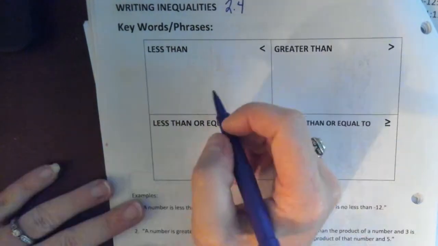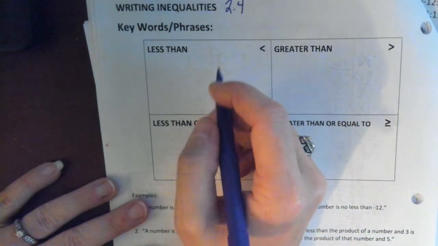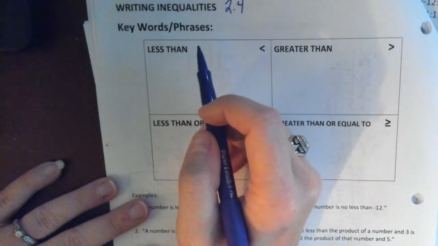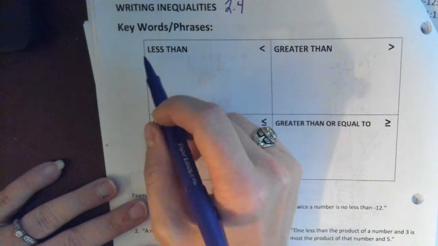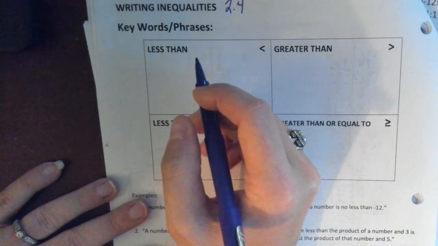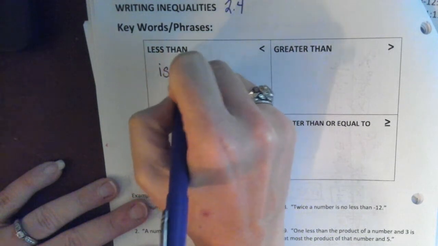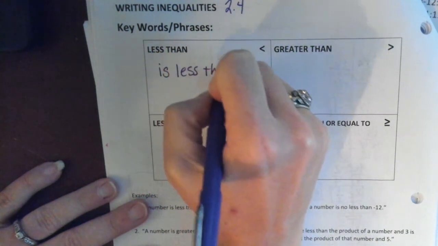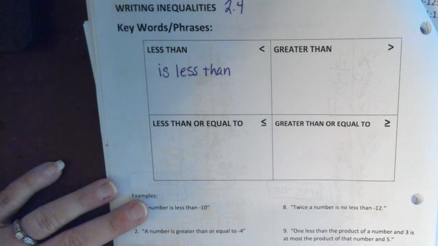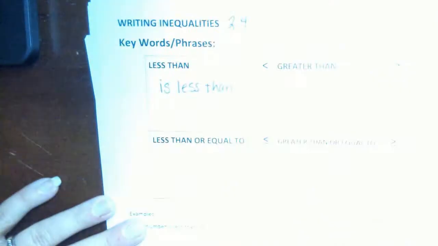If you have a word problem, which you will have some on your test, a phrase that is going to clue you in that it's a less than problem is the phrase "is less than." I know that sounds obvious, but here's the deal.